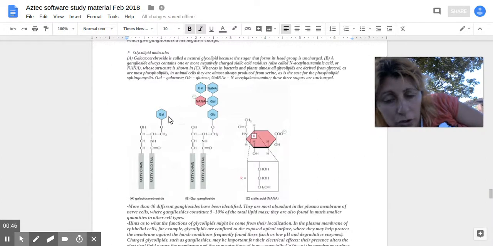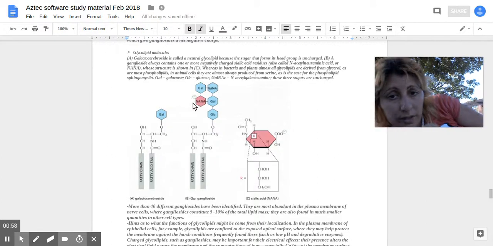If the sugar that is bound to the backbone is uncharged, then the molecule is uncharged. If it's negatively charged, this is called a ganglioside molecule. So it just depends.